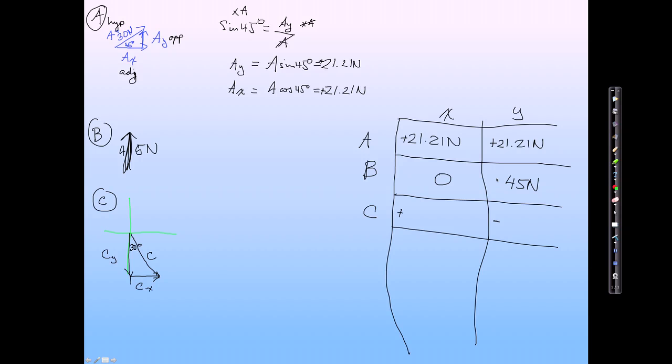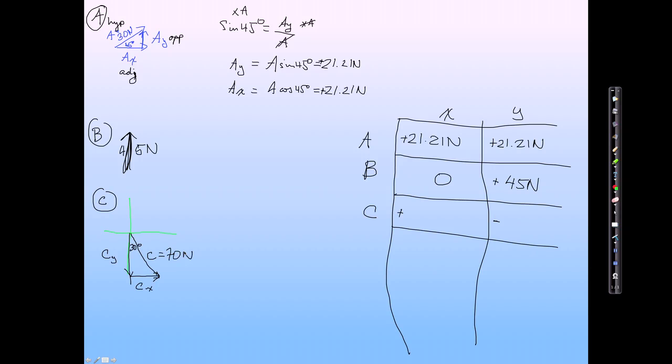Okay, so just by looking here, we can tell this is going to be negative. Whatever value we end up with for Cy is the length of this side. In terms of direction, because it's pointing down, Cy is going to be negative. All right? So C has a value of 70 newtons.